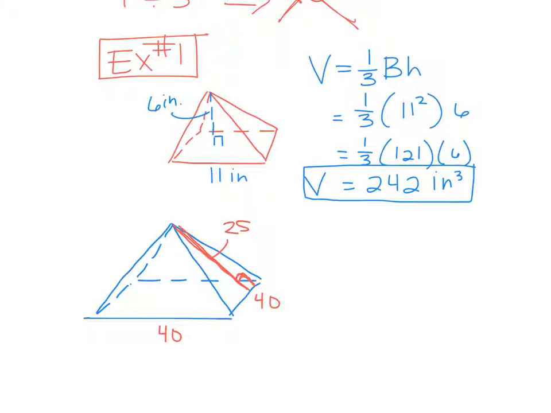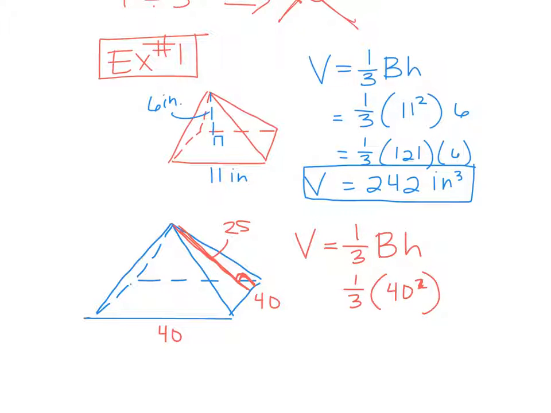So again, we want the volume. What do you do? 1/3. 40 times 40, or 40 squared, is going to be the area of your base. So 1/3 times 40 squared.